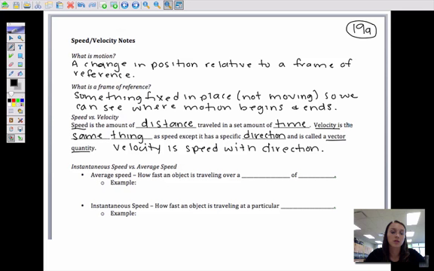Now there's two types of speed/velocities that we need to think about. One is called instantaneous speed and the other one's called average speed. So average speed is how fast an object is traveling over a period of time. An example we use in class quite often is how fast a car, like in our car and ramp experiments, goes through 2 photo gates.